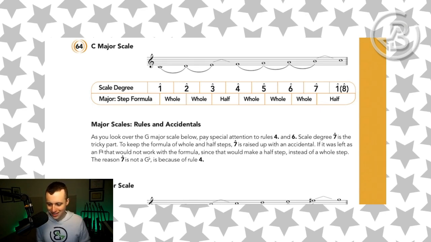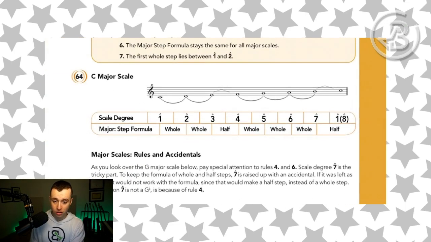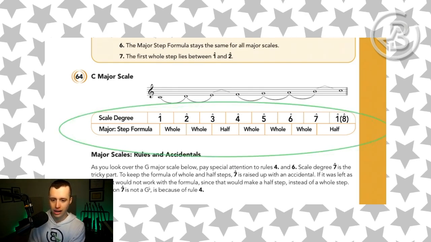And sure enough, we can see here with our swoop unders showing us our whole steps and our little upside down V's, or hats, showing us our half steps, that we have whole, whole, half, whole, whole, whole, half. And we can even see that written below the staff with our useful little diagram right here: whole, whole, half, whole, whole, whole, half.